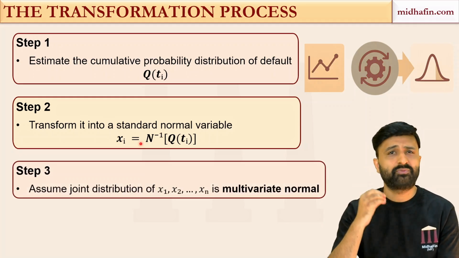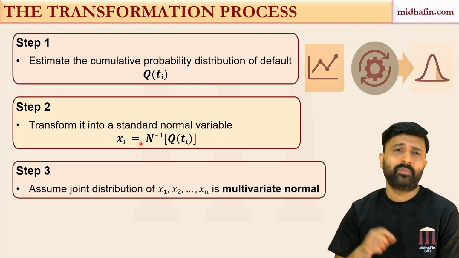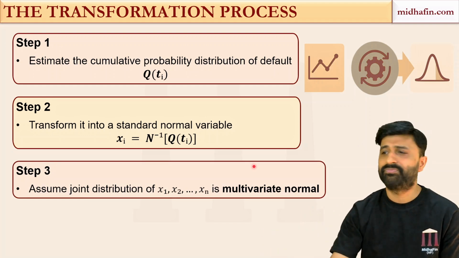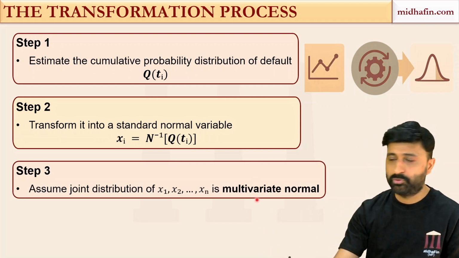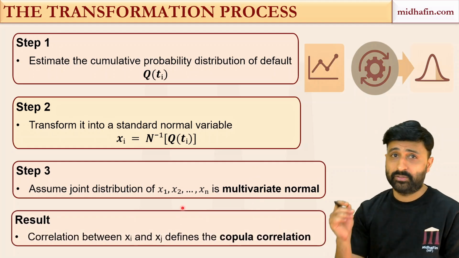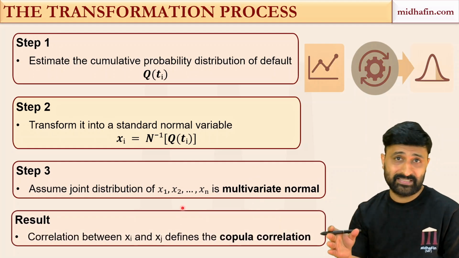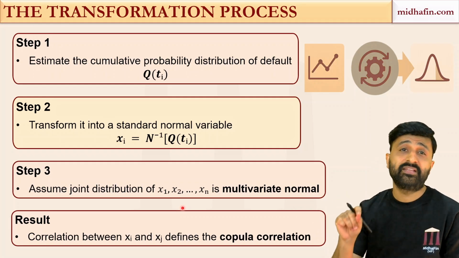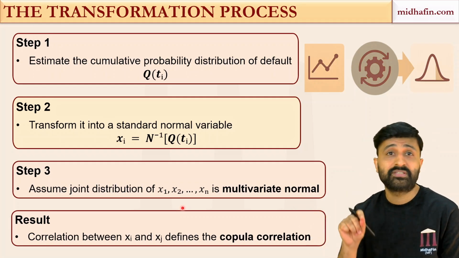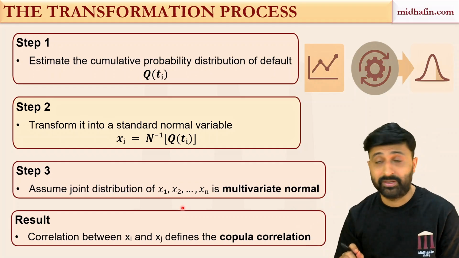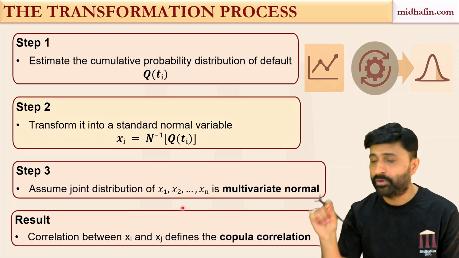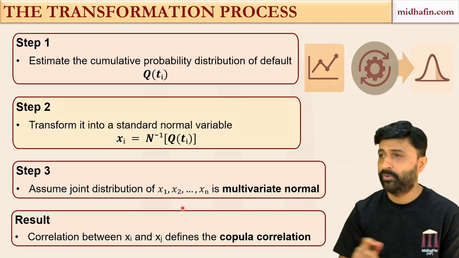Once we have transformed every company this way, we assume that all the x's together follow a multivariate normal distribution. So the correlation between these x's, not the raw default times, is what defines default correlation in the Gaussian copula world. That's the beauty of this model. It separates each firm's individual credit profile from their correlation structure.